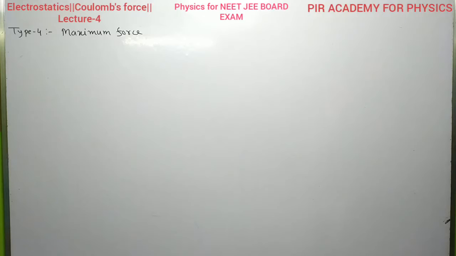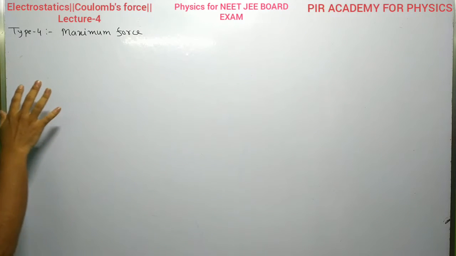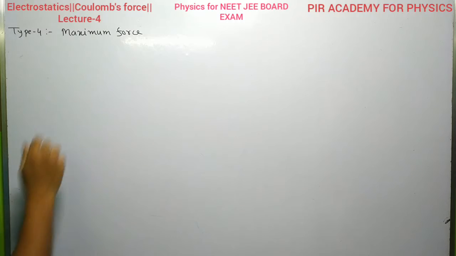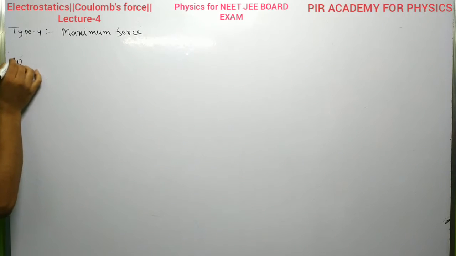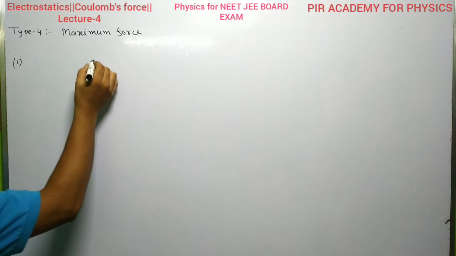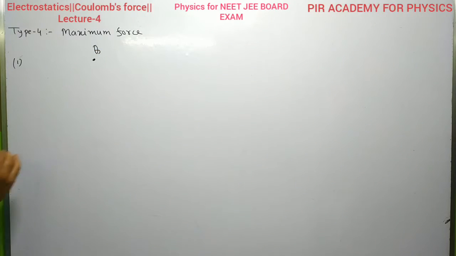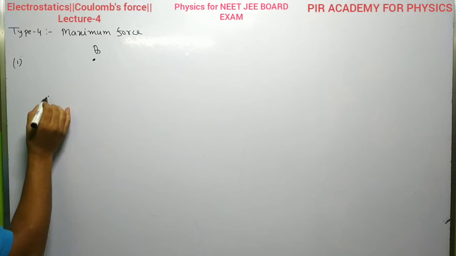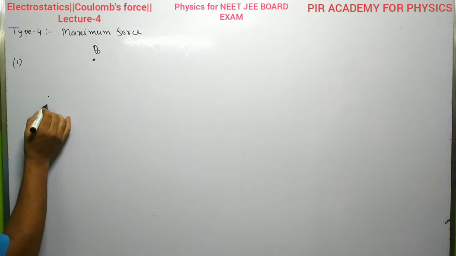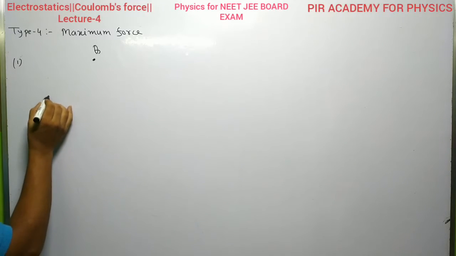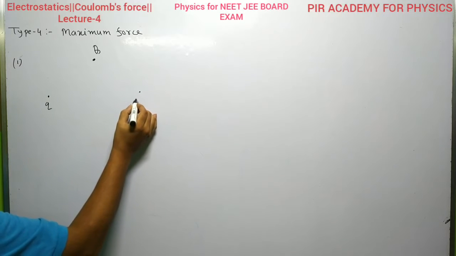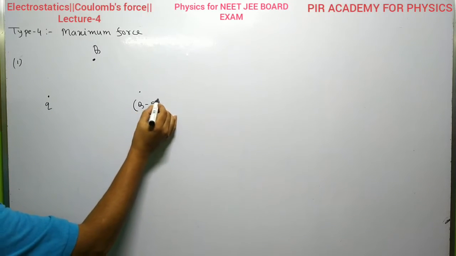So here, when two charges experience maximum force, suppose condition number 1, this is a charge Q. If this charge is divided in two parts, suppose this is q and the other charge will be Q minus q.